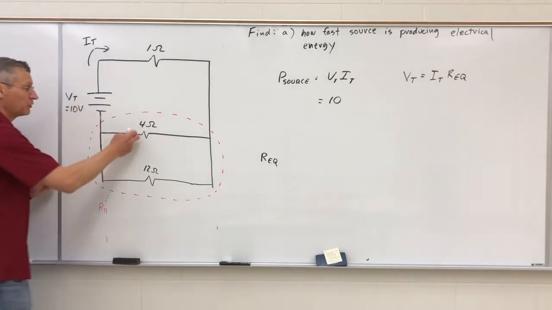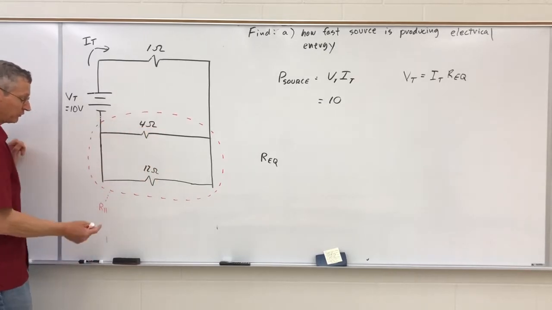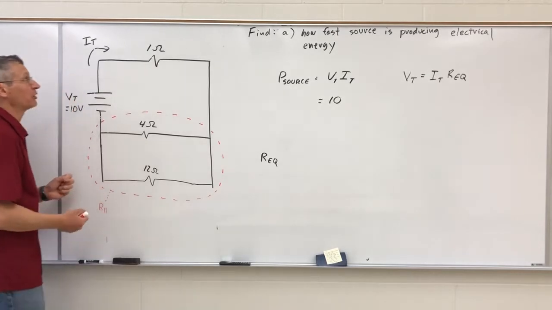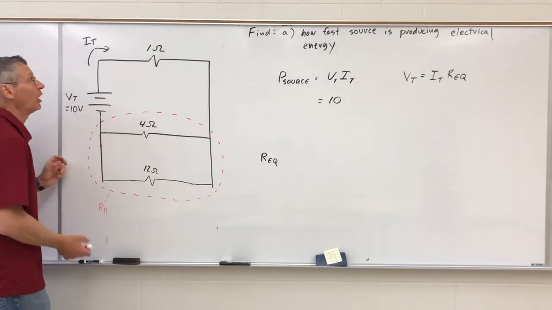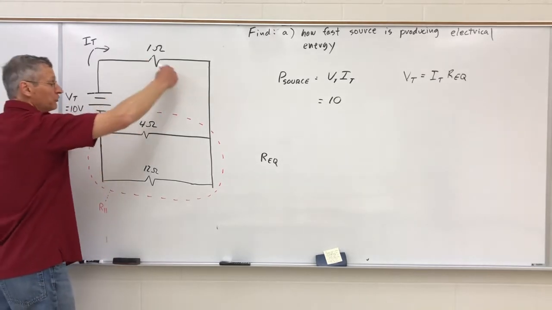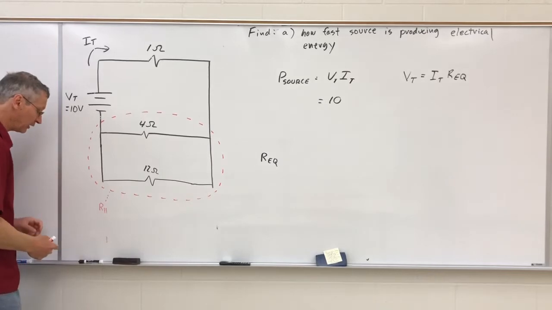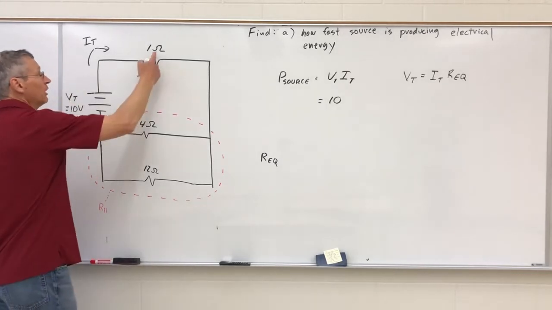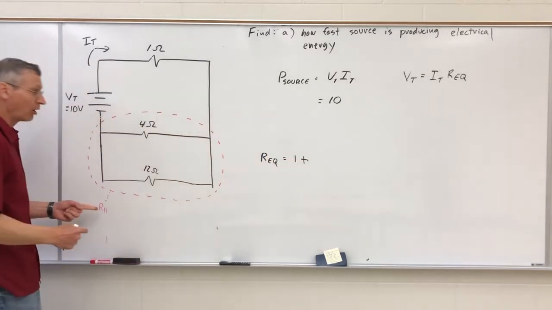Let's treat these two things as one big resistance. Now it's a lot simpler. What does this circuit consist of? Well, it's a 1 ohmer in series with this one big resistance, which we're calling R parallel. So the total resistance of the whole circuit is equal to this 1 ohm plus whatever R parallel is.